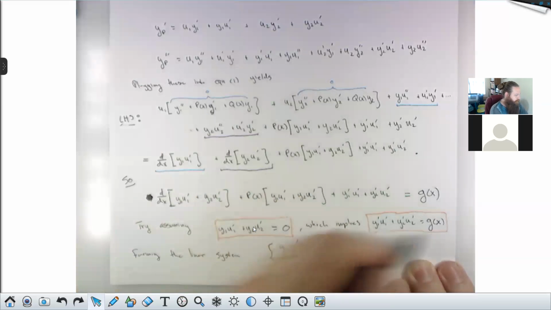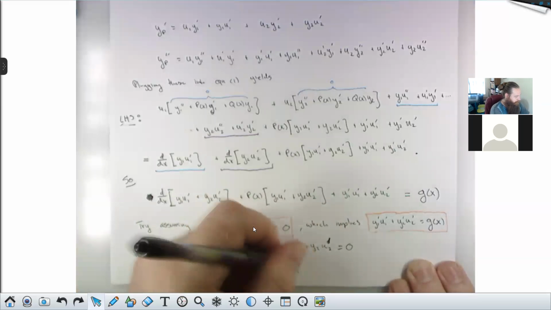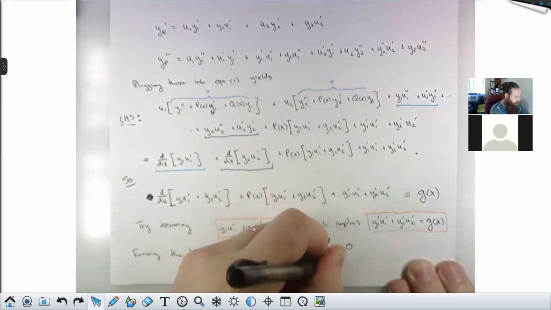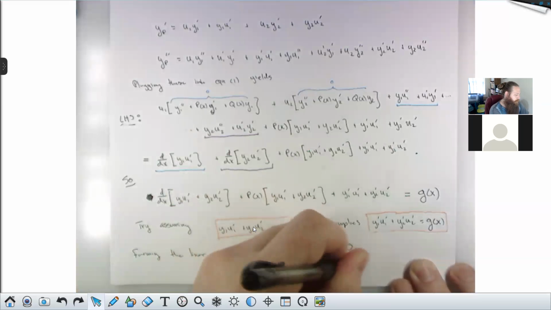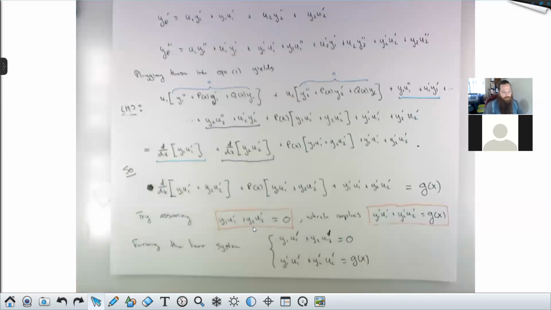And the second equation is this one, y1 prime u1 prime plus y2 prime u2 prime equals g of x. And we want to think of that linear system just as an algebra problem. It's a 2 by 2 linear system. Linear because there's no u1 prime squared or u2 prime squared, right? Linear in the sense of your pre-calculus classes, linear equations.